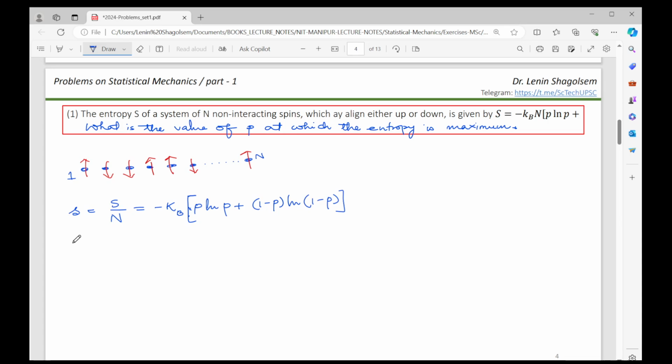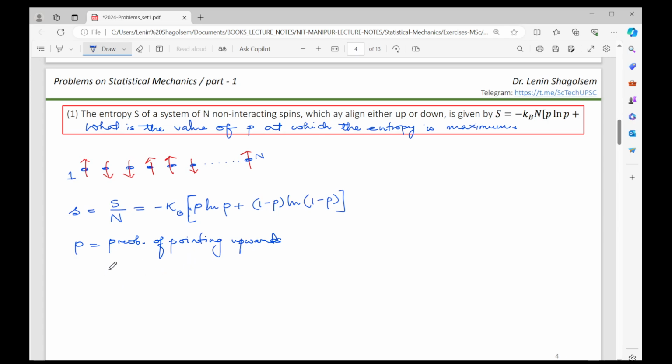Here the symbol p refers to the probability of pointing upwards. In the last class we had calculated only up to the expression of entropy density. Here this is a continuation where we ask what is the value of p at which the entropy is maximum, p being the probability of pointing upwards.